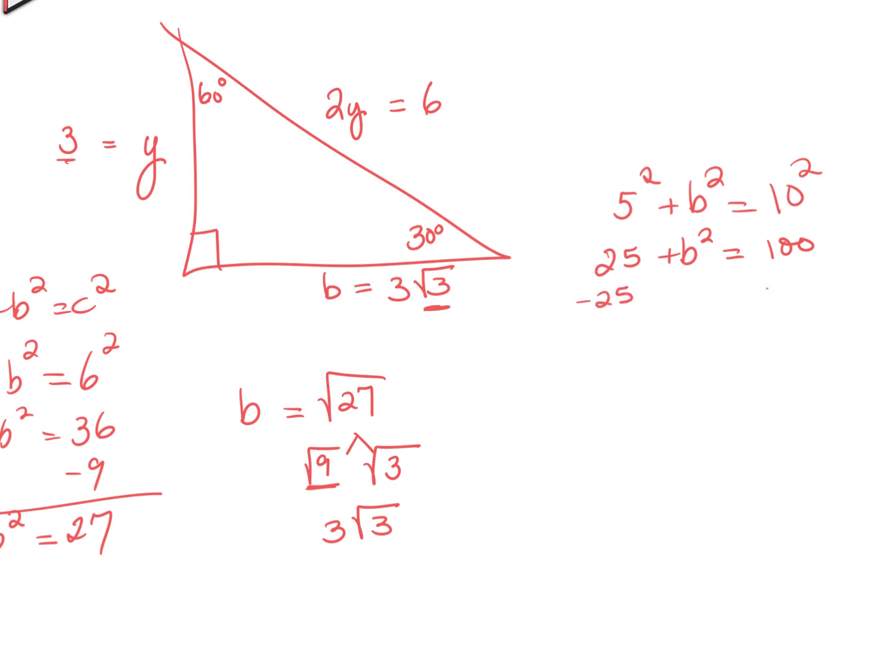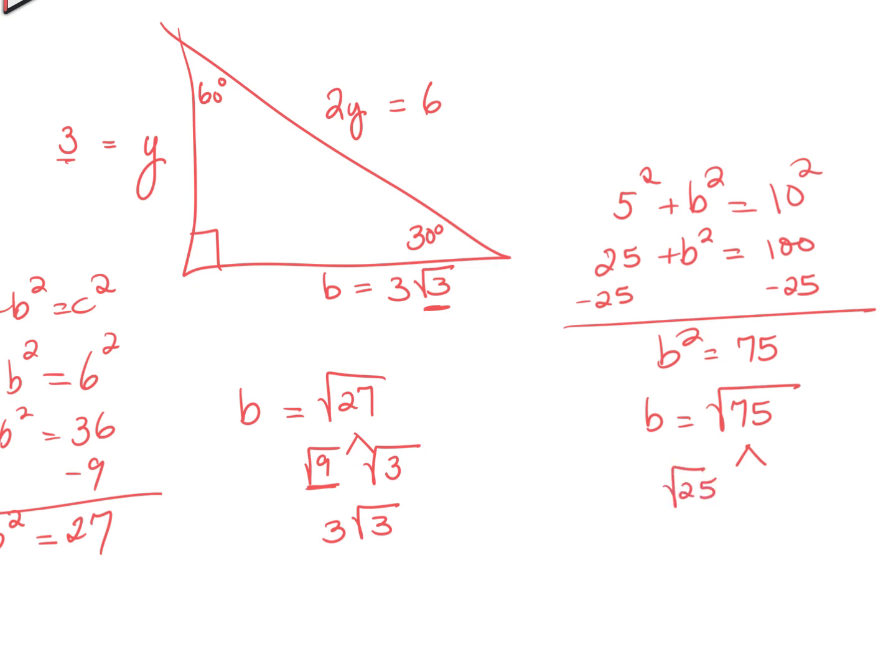Subtract 25 from both sides. I get b squared equals 75. And so the length of my other missing leg is the square root of 75, which, again, I can factor into 25 times 3. And the square root of 25 is 5, so 5 square root of 3.